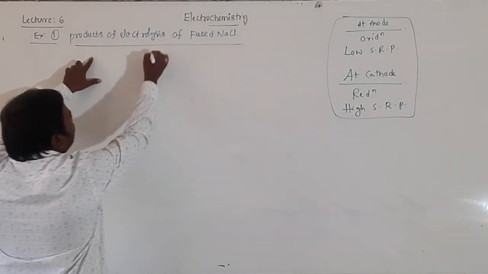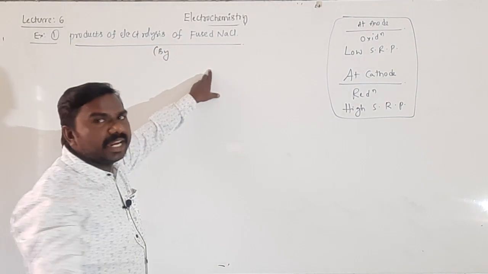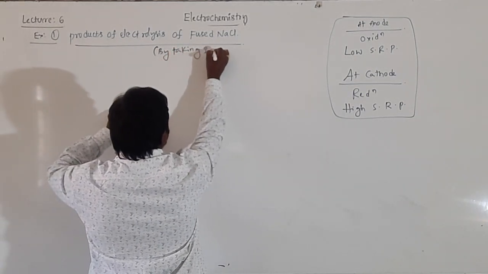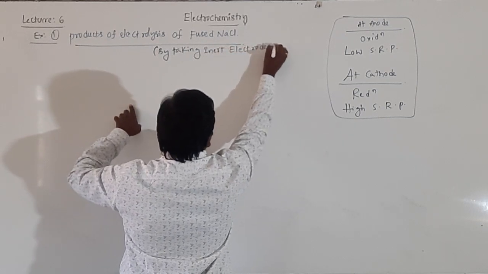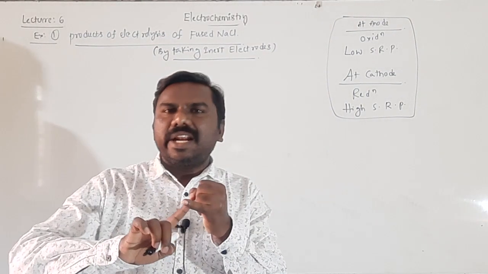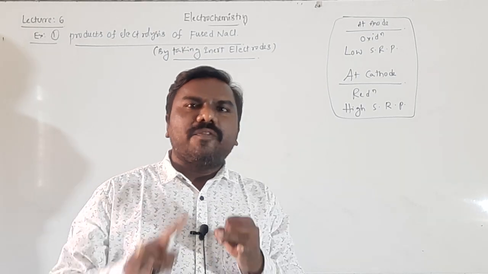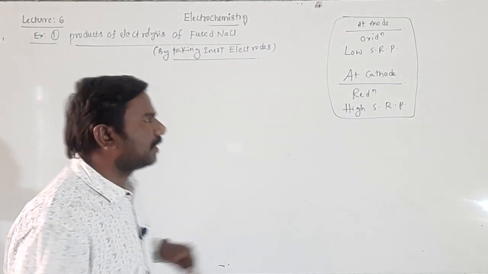You have to remember, they didn't mention in the textbook, by taking inert electrodes, that is the condition. Inert means the electrode will not participate in oxidation or reduction, and fused means water will not participate in the cell reaction, right?